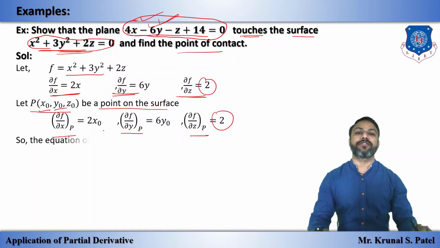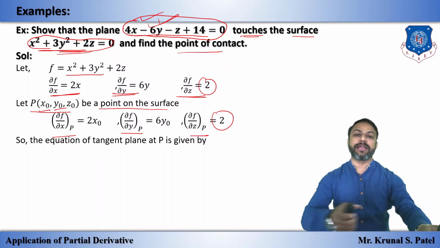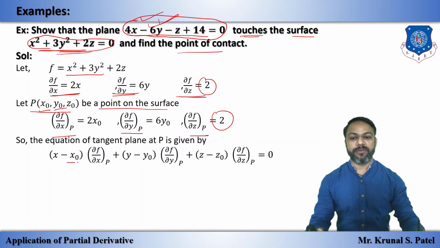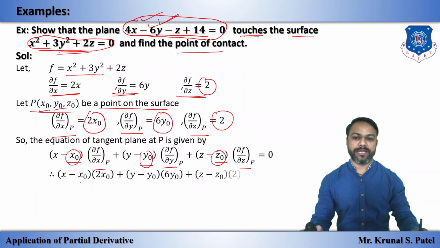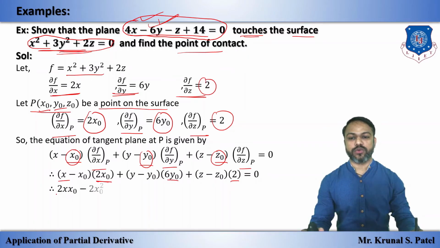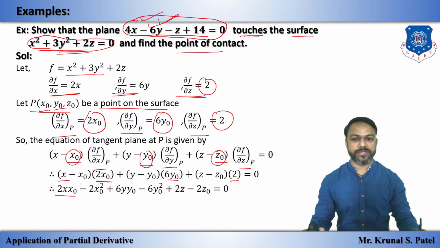Now by the equation of the tangent plane, we have this equation and we put in the values, where x0, y0, z0 stay as they are, and the values of the derivatives are 2x0, 6y0 and 2. By expanding this bracket, 2x0 into x is 2x0 x, x0 into 2x0 is 2x0 square.